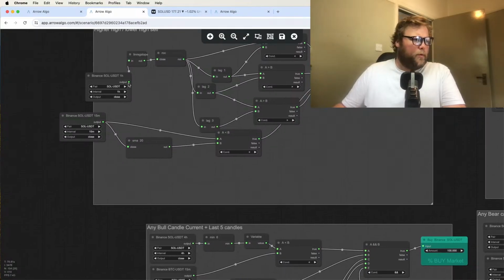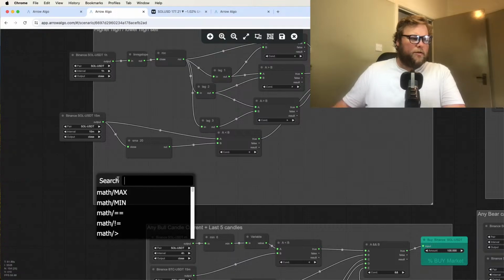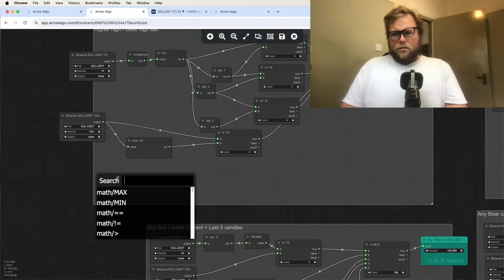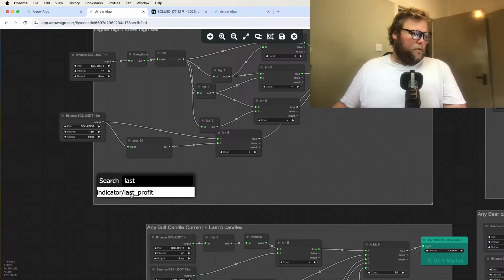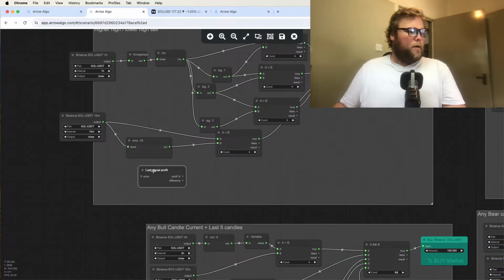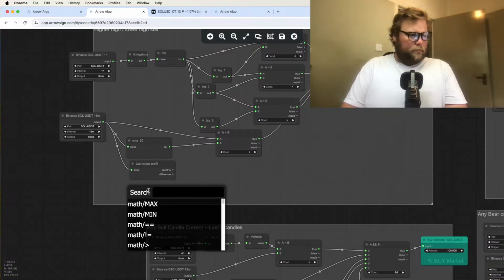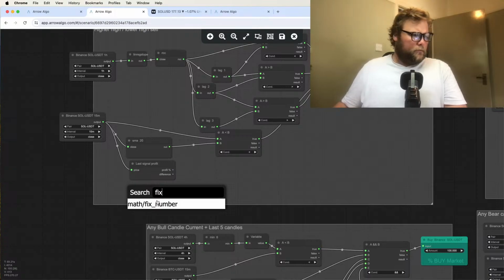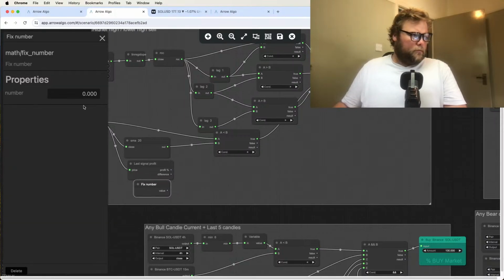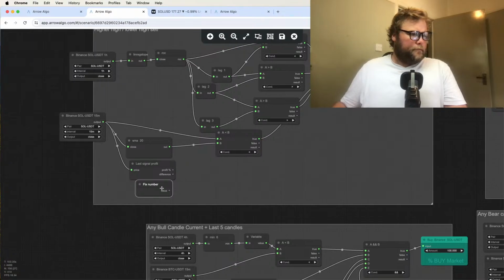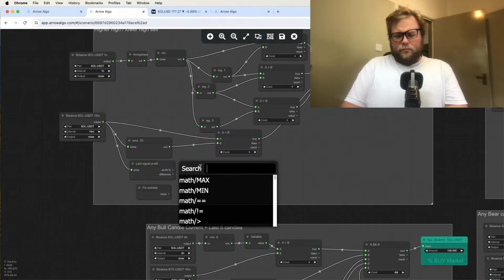And if we're taking profit, we want it to really be a profit, so why don't we also say we want the last signal profit here to be more than 2%. Or at least 1.5.